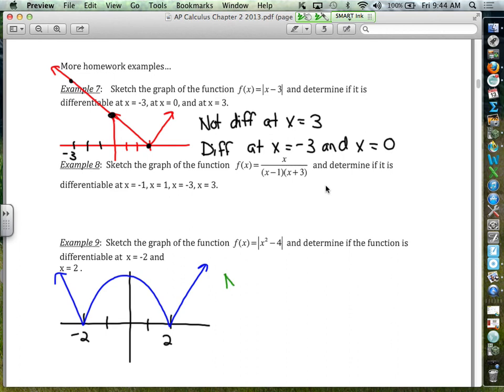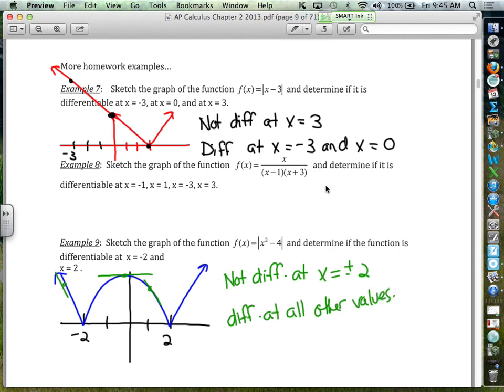Well, no. At negative 2 and positive 2, we have those sharp points. But it is differentiable everywhere else. If I look along here, maybe at negative 3, you've got some kind of negative slope going on. At 0, it has a 0 slope. Over here at 1, it has some kind of negative slope. So it's differentiable everywhere else. So not having a derivative is just talking about specific points, specific places where that might happen.